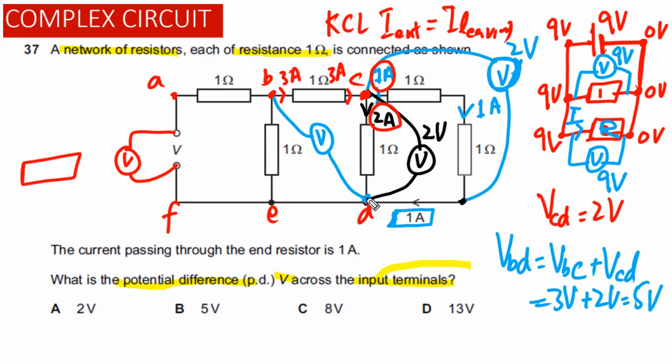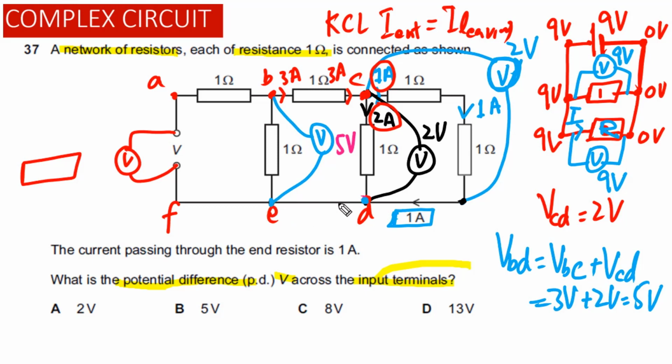If I move this one from this point to this point now, so what is the reading on this voltmeter now? Again, you will see the reading on this voltmeter will be equal to 5 volts, because between D and E there is an ideal wire.